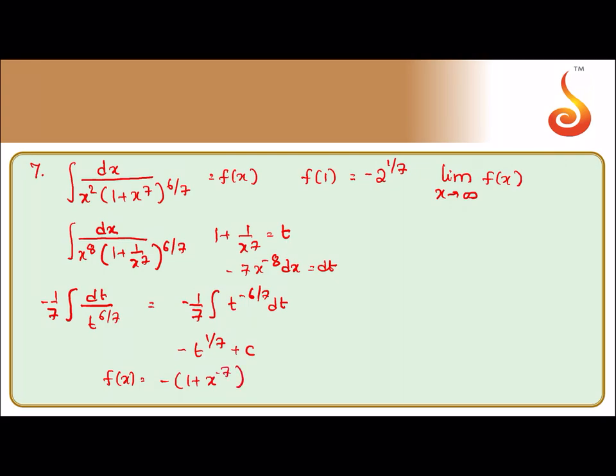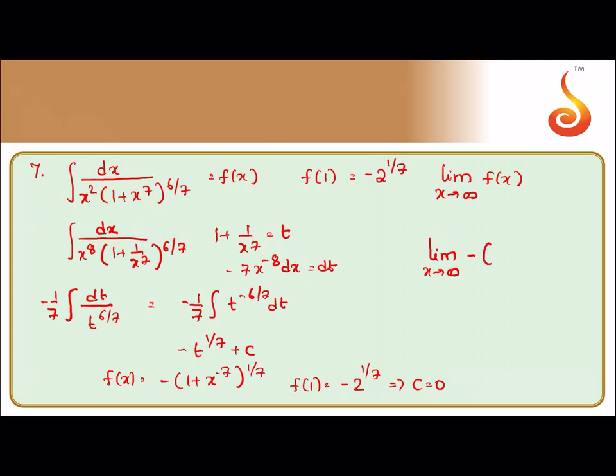So f of x is equal to minus 1 plus x to the power minus 7, to the power 1 by 7. If I take f of 1, so f of 1 is equal to minus 2 to the power 1 by 7. That is only they gave.